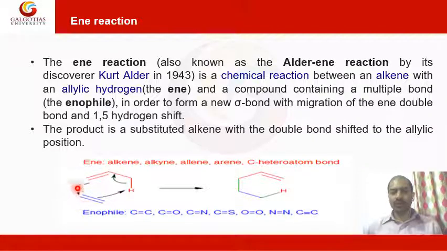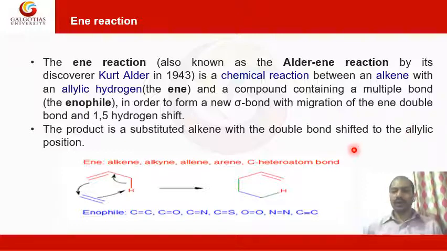So this is the sigma bond formation with the 1,5 hydrogen shift. Counting 1, 2, 3, 4, 5, the hydrogen shifts from position 1 to position 5, so it is also called a 1,5 shift.